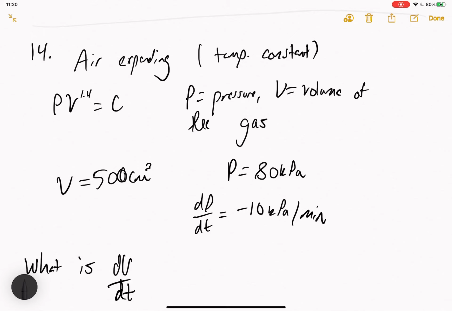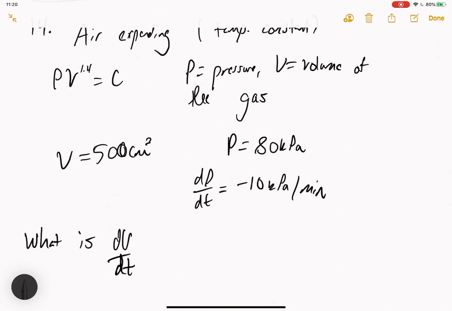Then we suppose at some point in time the volume is equal to 500 centimeters cubed, and the pressure is equal to 80 kilopascals at that moment as well. Also at that moment, the pressure is decreasing at a rate of 10 kilopascals per minute.